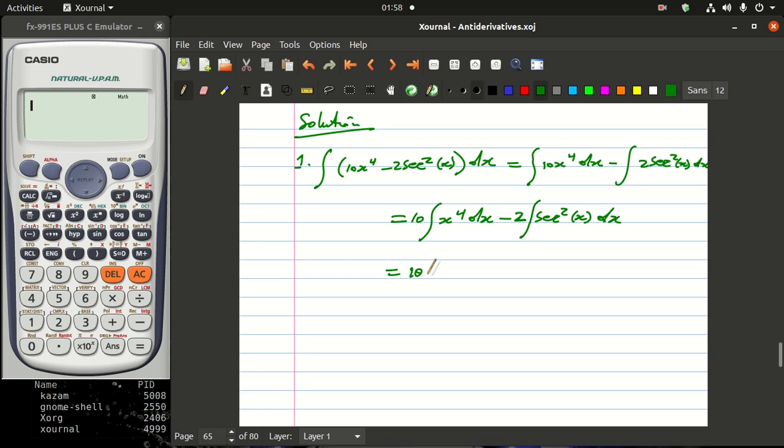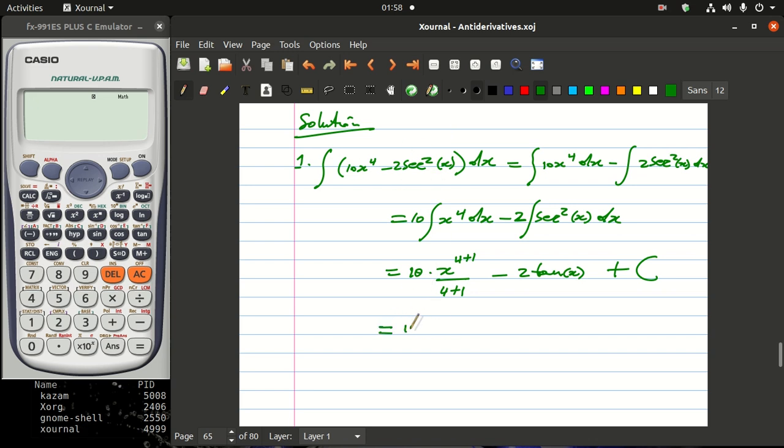So you'll have a 10 times x, I have a 4, I need to add a 1, and then I divide by 4 plus 1, and then minus, I have a 2, and the antiderivative of sec squared x is going to be tan of x. Of course, I have to add the constant of integration because I'm looking for the most general antiderivative.